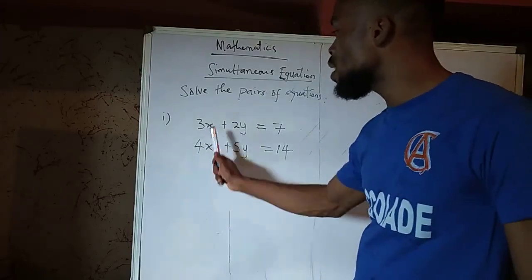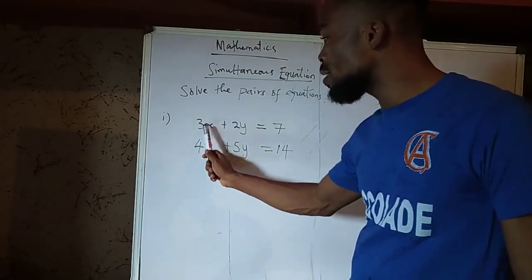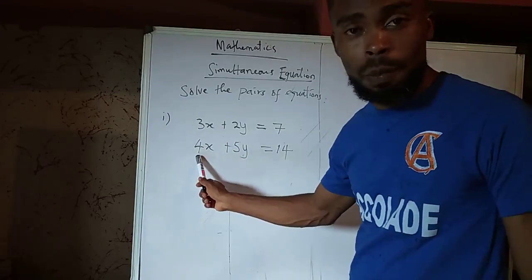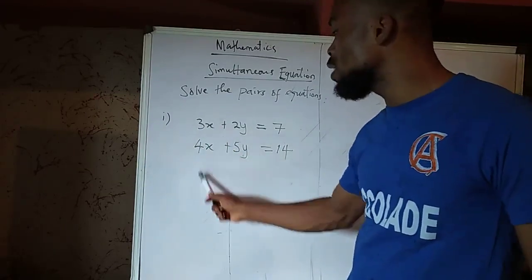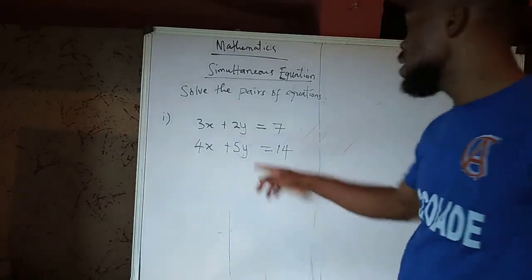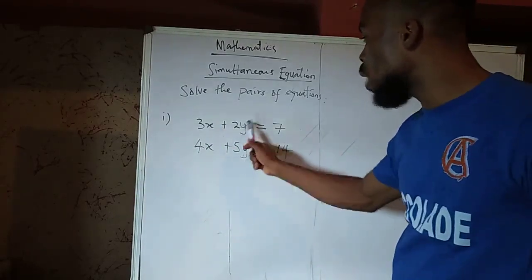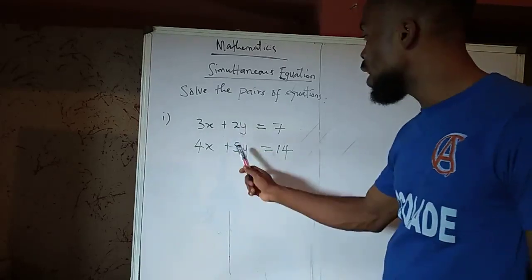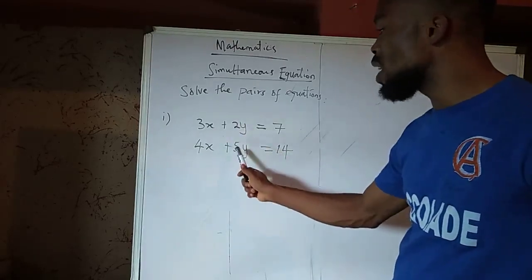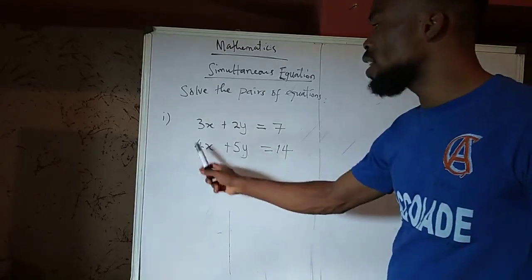Since the coefficient of x is 3 here, this should also be 3. But we cannot actually achieve that, or let's say if we wanted to eliminate y, then the coefficients here must be the same here. But you can see they are not the same. Here we have 2, here we have 5. Here we have 3, here we have 4.